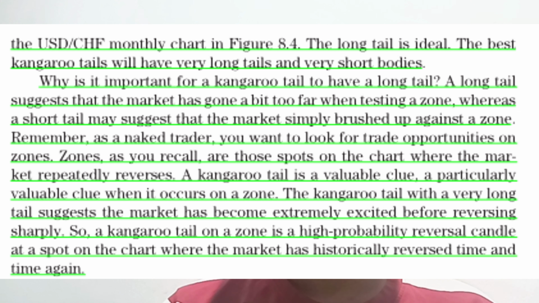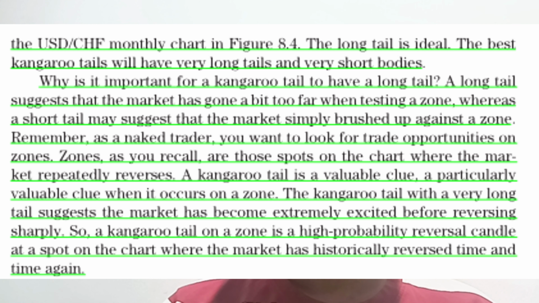Remember, as a naked trader, you want to look for trade opportunities on the zones, which, as you recall, are those spots on the chart where the market repeatedly reverses. A kangaroo tail is a valuable clue, particularly valuable when it occurs on a zone.